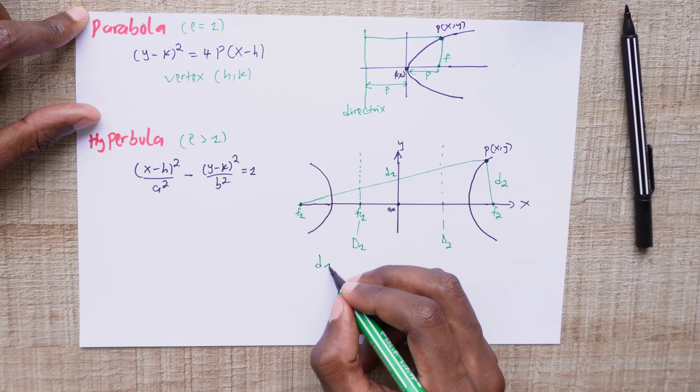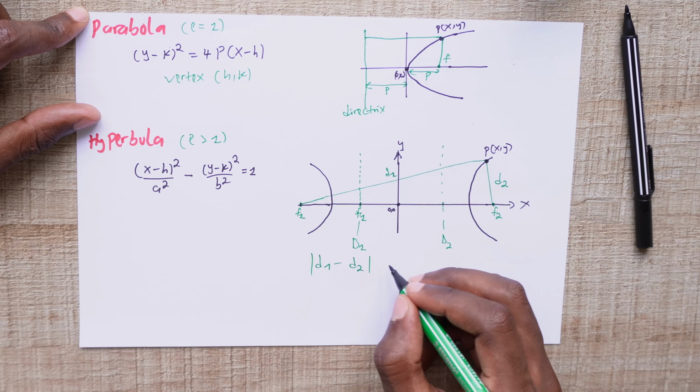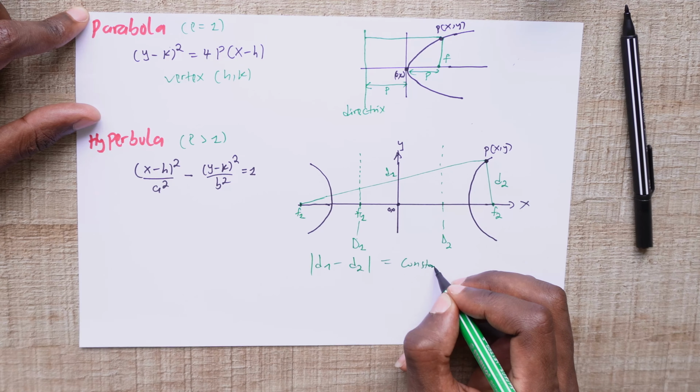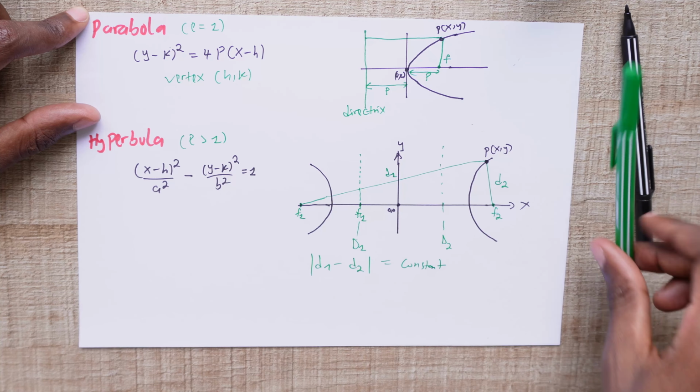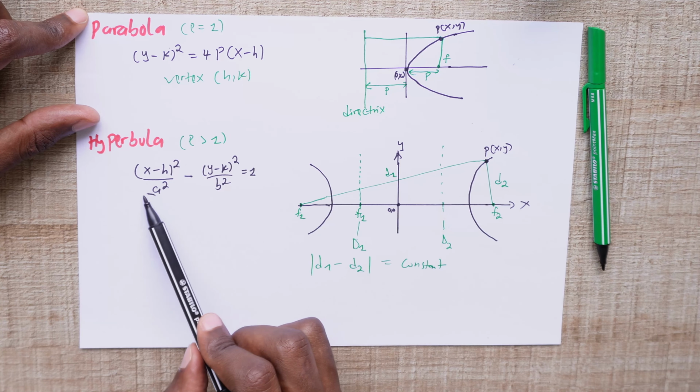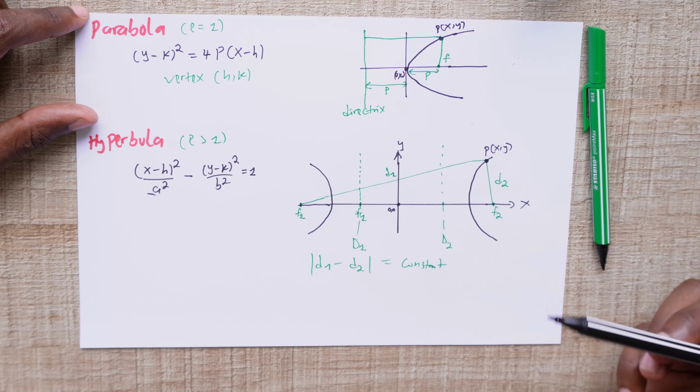So D1 minus D2 is a constant. The set of points has as Cartesian equation this, and is known as a hyperbola.